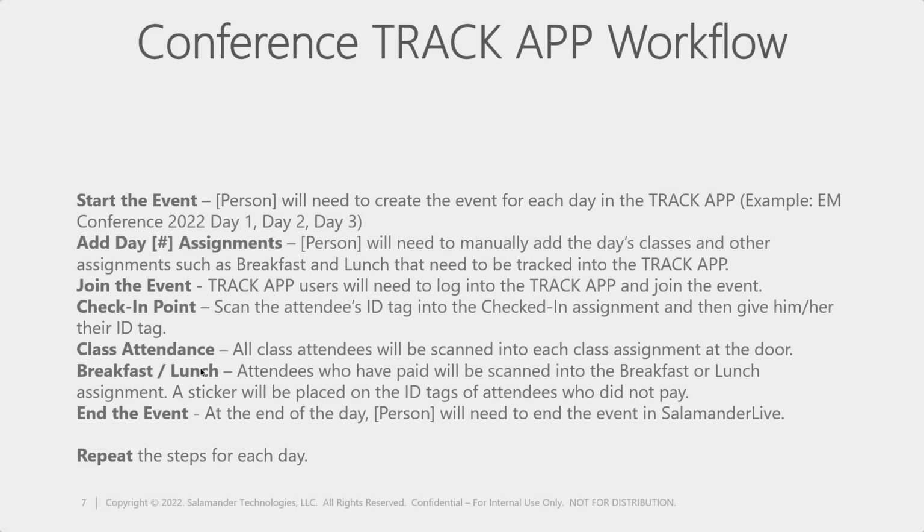If you have multiple classes running at the same time and you need those tracked and accounted for, you'd have 1 or 2 people at each of those doors to scan people in, depending on how big your conference is. As you guys know, if you've used the Track app before, scanning is super simple, very, very easy, right? So once you have that in, it just goes bam, bam, bam, bam, bam. You can scan in a lot of people in a short amount of time.